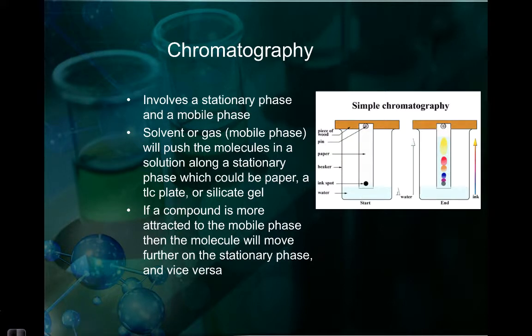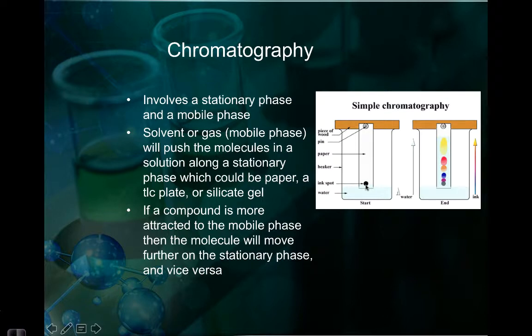Essentially, what happens is you'll have a mixture. In this case, we're looking at an ink spot, and we're going to have a stationary phase and a mobile phase. The mobile phase is the solvent. What will end up happening is the mobile phase will run up the stationary phase, so those water molecules will travel up the stationary phase.